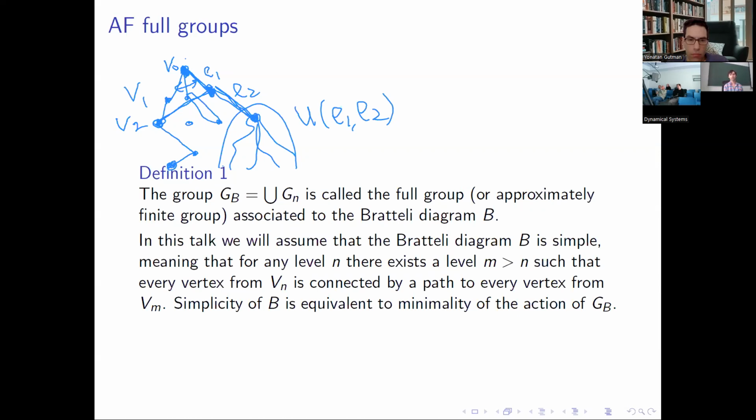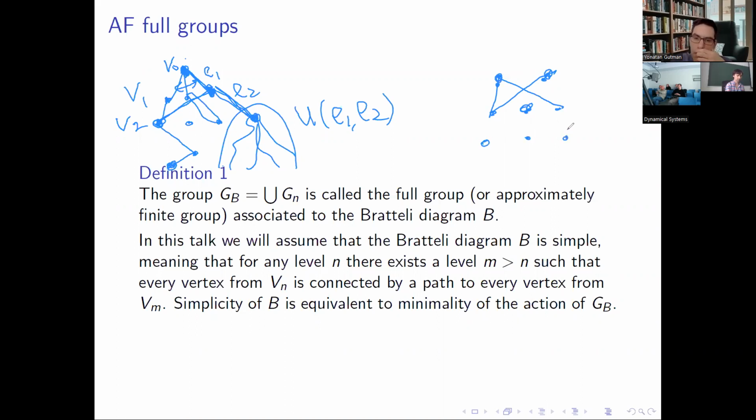In this talk, we will assume that the Bratteli diagram B is simple. This means that given a level n, there exists a level m such that every two vertices between these two levels are connected by at least one path. So it's possible that we have two levels such that some vertices are not connected, for instance, this one and this one.